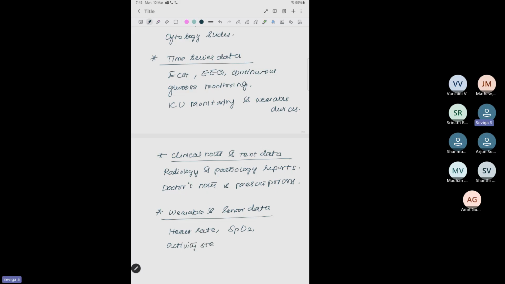So those kind of data, continuous blood pressure, and ECG data from watches or remote patient monitoring data.